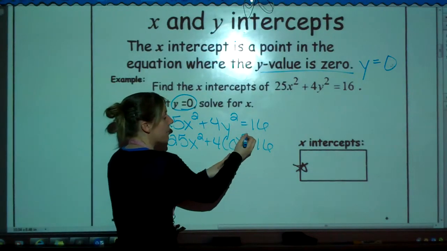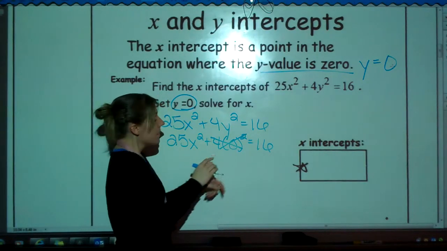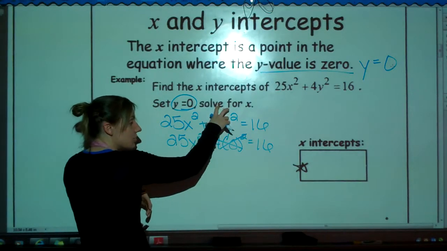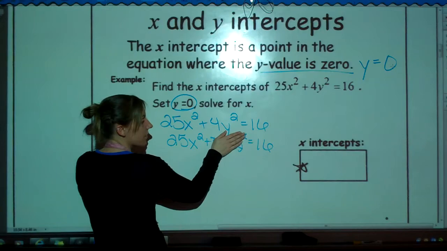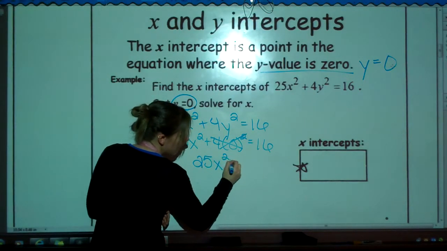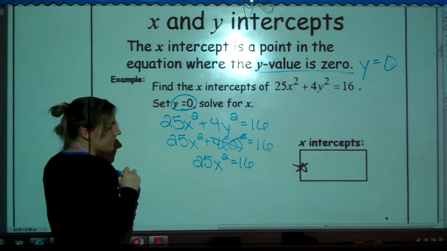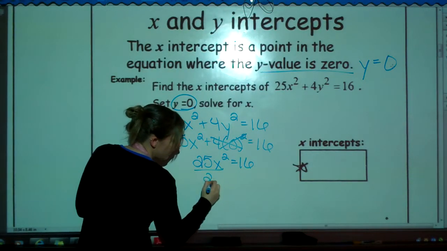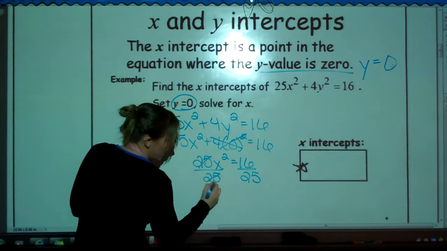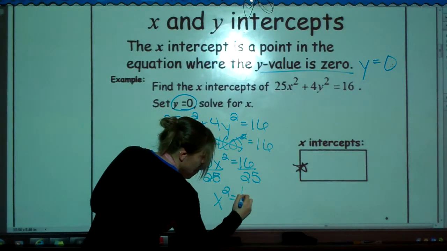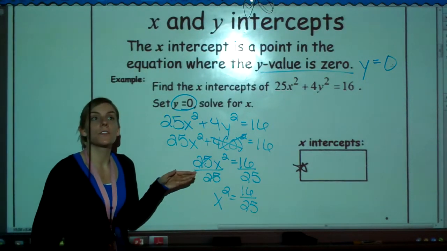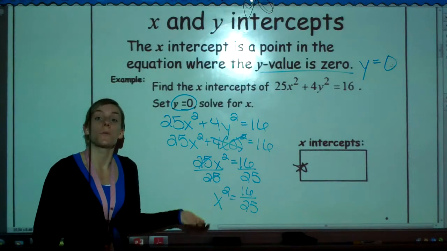Well, this 0 makes this entire term cancel out because 0 squared is 0, 0 times anything is 0. So you just ignore the term that had the y in there. We have 25x squared equals 16. Divide both sides by 25. We get x squared equals 16 over 25. And then remember, the opposite of squaring is square rooting.